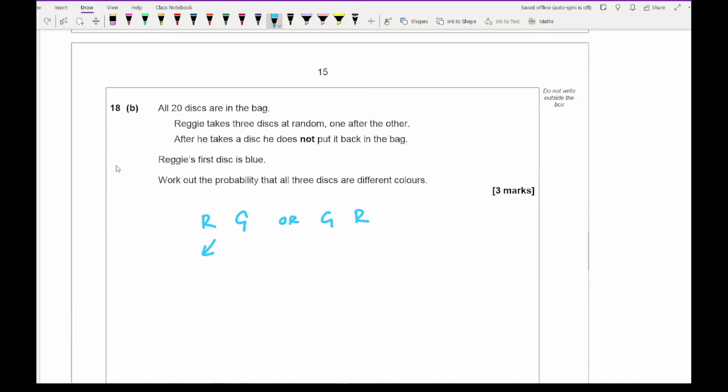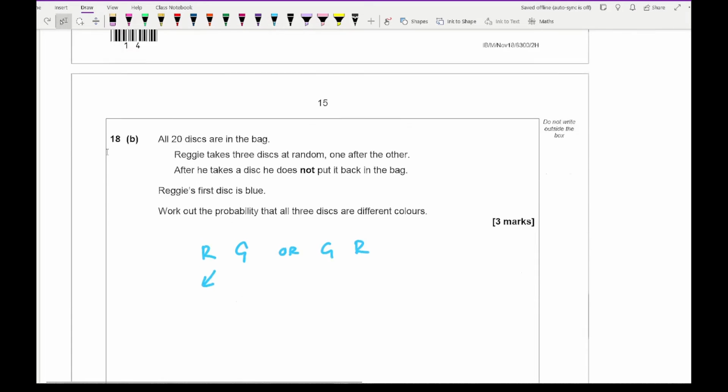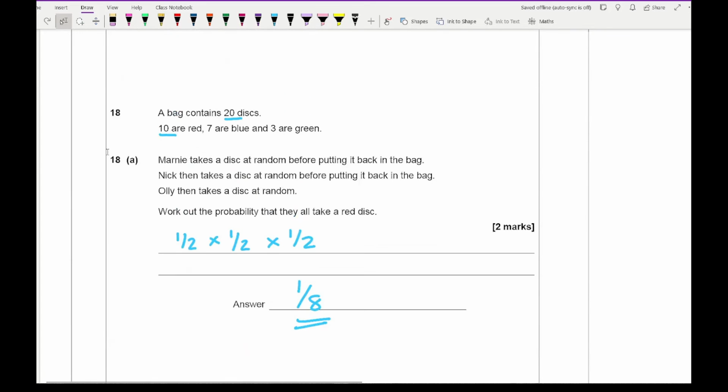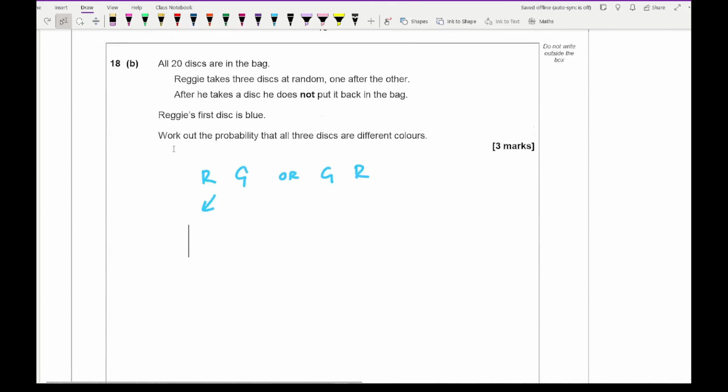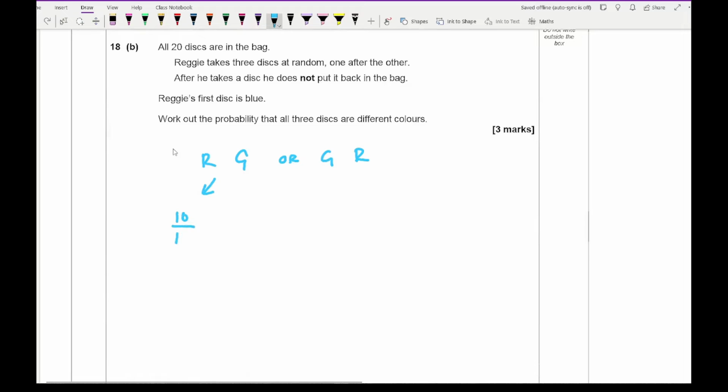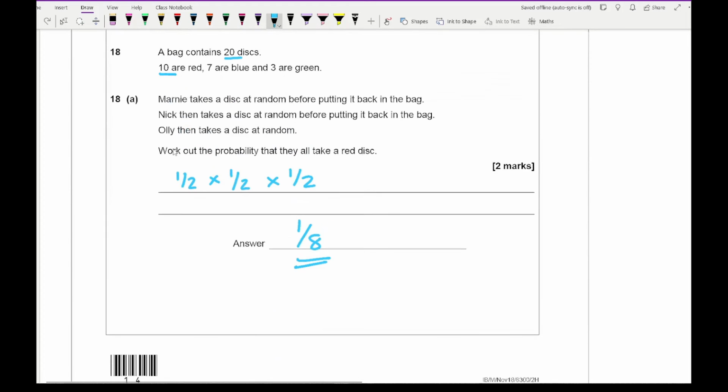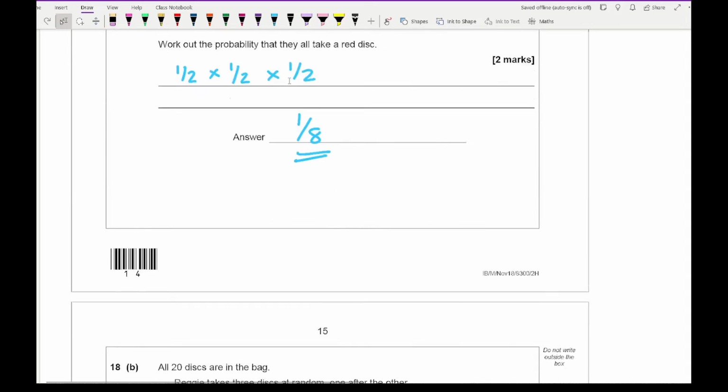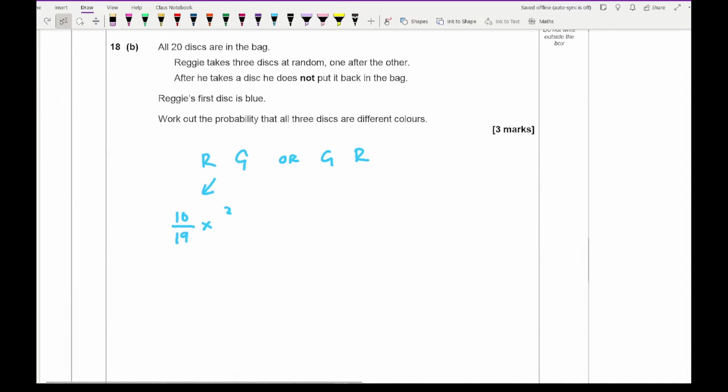So red and green is going to be, well, how many red discs are there? There are 10, so it's going to be 10 out of 19 times 3 out of 18, or it's going to be the green one first, which is 3 out of 19 times 10 over 18.